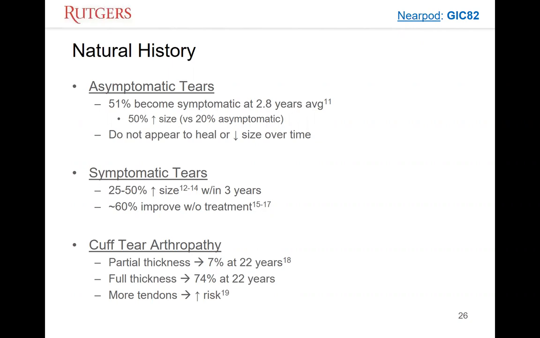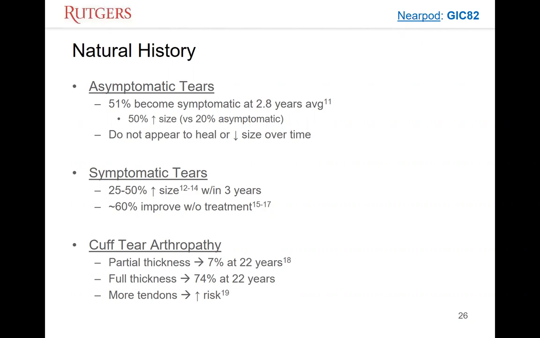And in addition, half of those newly symptomatic patients demonstrated increases in their tear size compared to just 20% who remained asymptomatic. Aside from those whose tear sizes increased, no tears decreased in size or healed during the follow-up period, demonstrating the low capacity for healing, whether patients have symptoms or not.